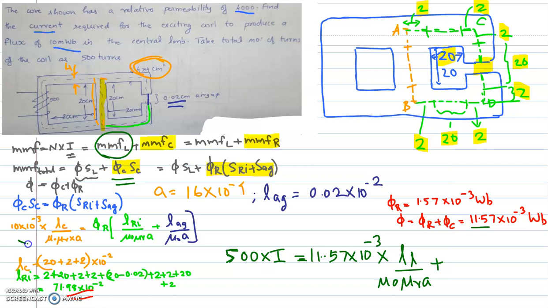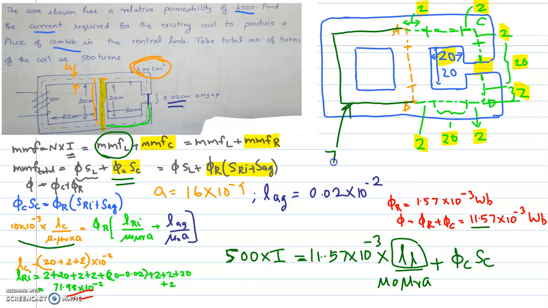We have already calculated it over here, so you can substitute phi c into Sc. And the length of the left limb you can calculate in a similar way. That is this particular path. You will get the mean path length as 72 into 10 to the power of minus 2 meters.